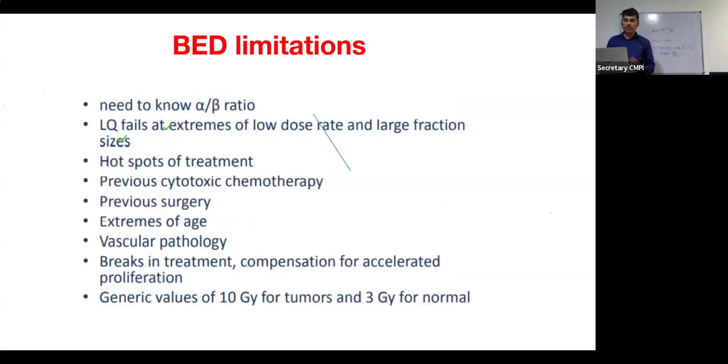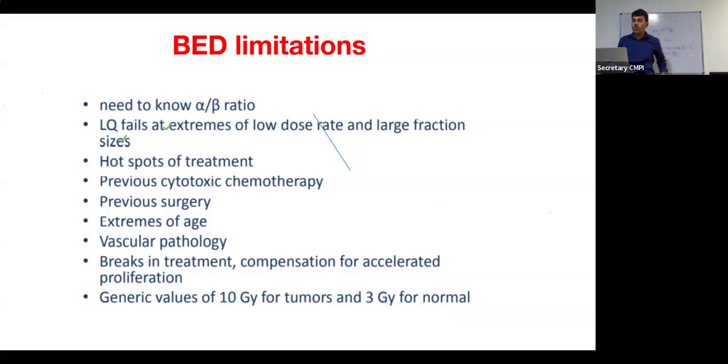So these are the applications of BED. BED also has certain limitations. The alpha by beta value needs to be known, because the value which we obtained is not 100% correct. There are certain uncertainties related to all radiobiological constants, alpha by beta, gamma 50 and all, because they are derived from extrapolation of certain curves and all.